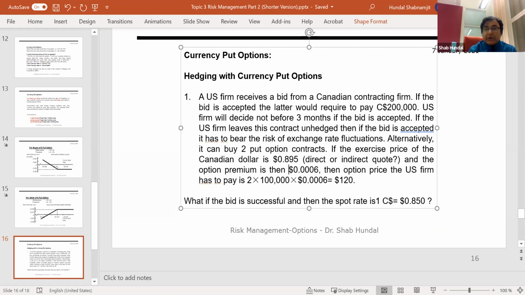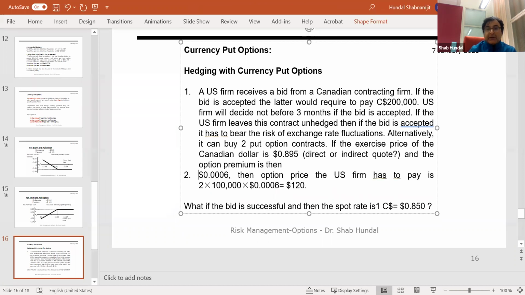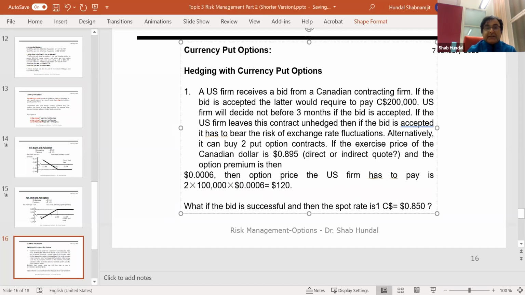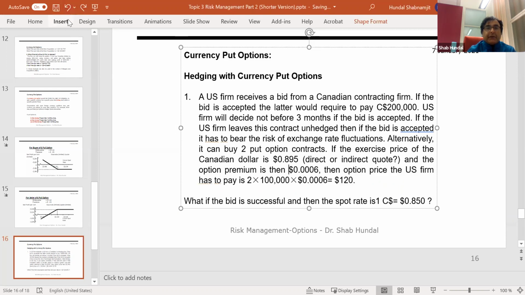And when you multiply 0.006 by 200,000, it comes out to be 1.20 American dollars. It means that the maximum premium you pay is basically $120, which is very cheap.